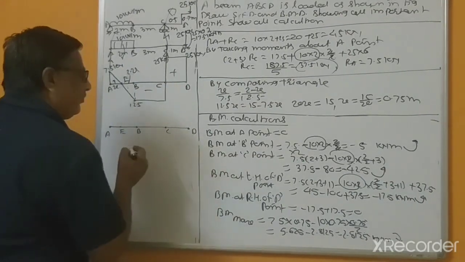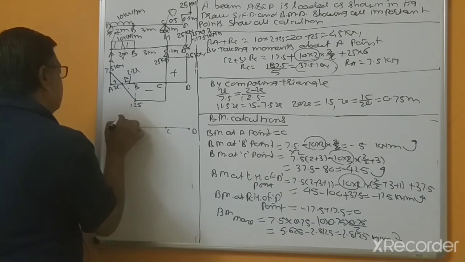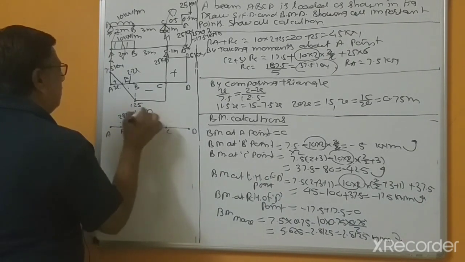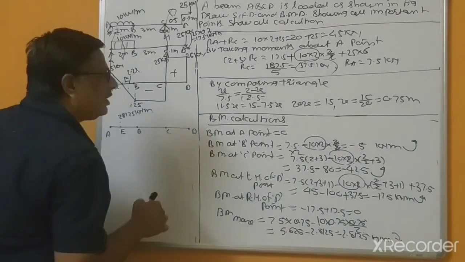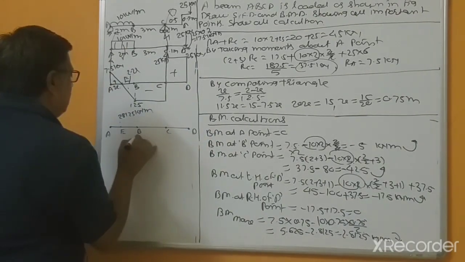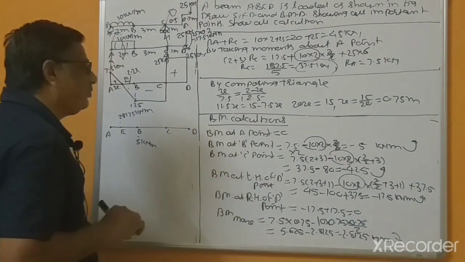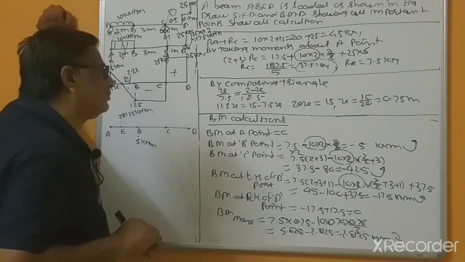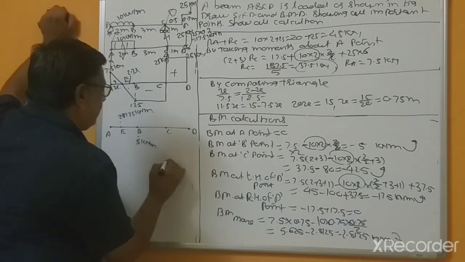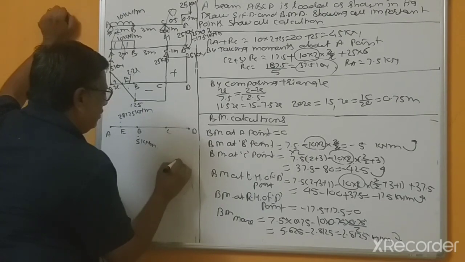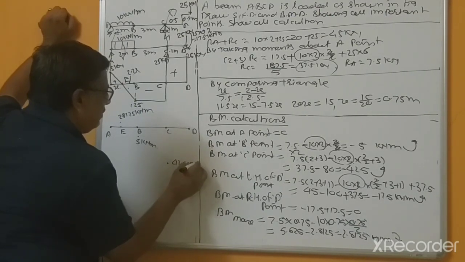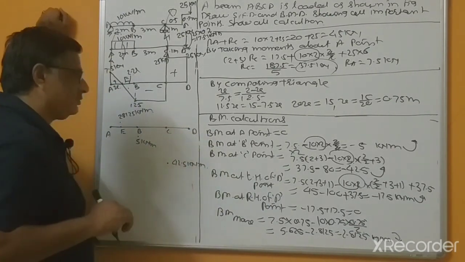At E point, 2.8125 kilonewton meter. Bending moment at B point, minus 5. So this is 5 kilonewton meter. At C point, 42.5. Suppose this is 42.5 kilonewton meter.